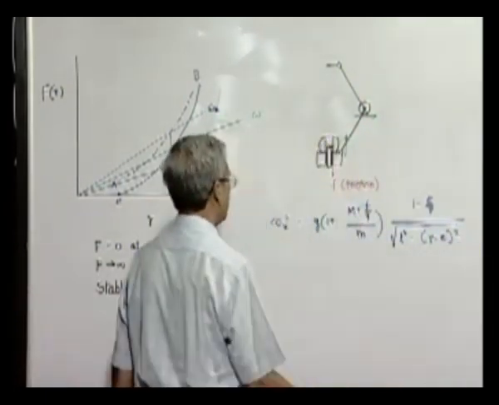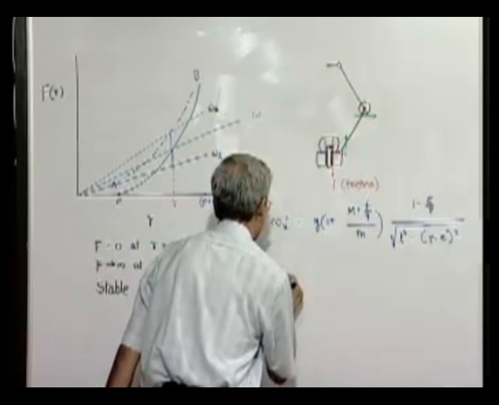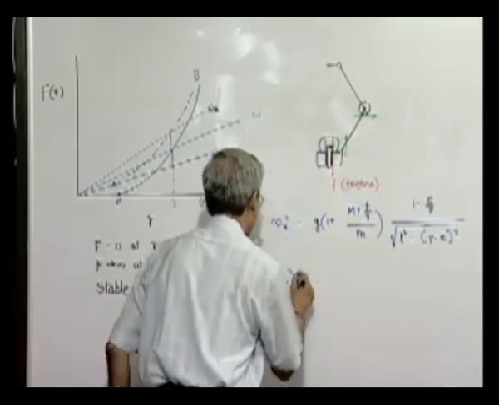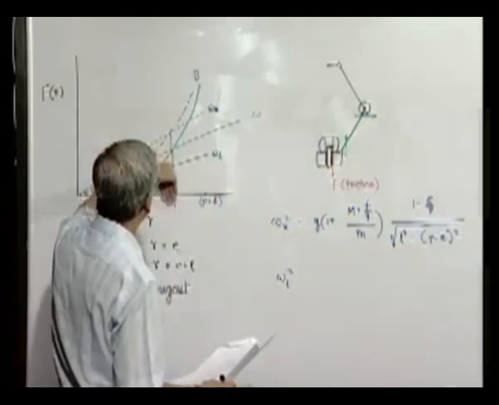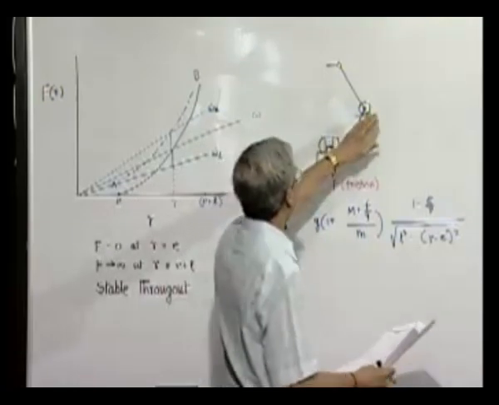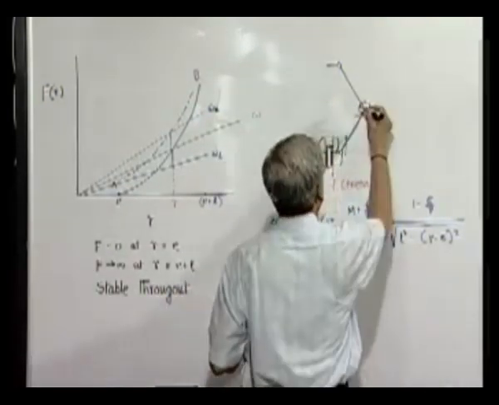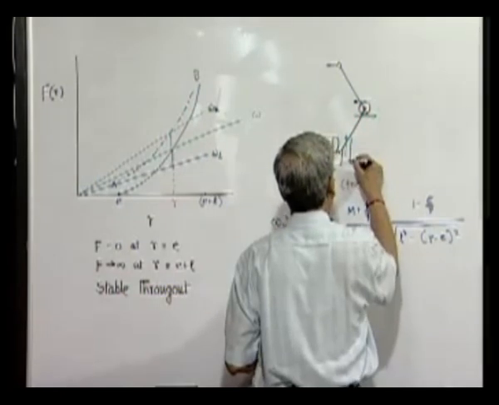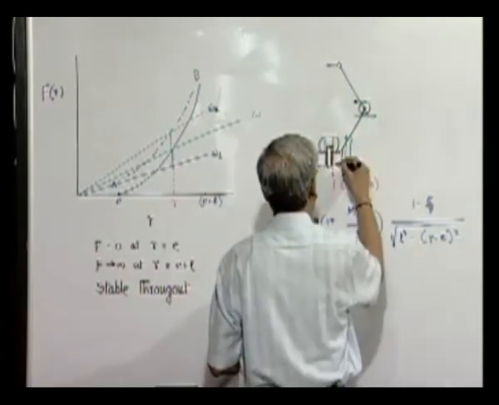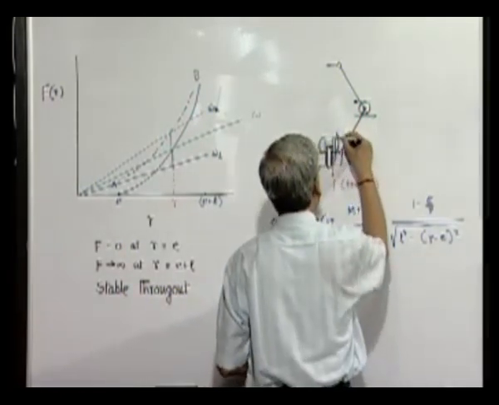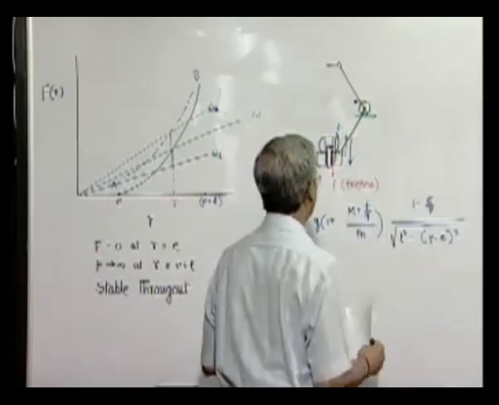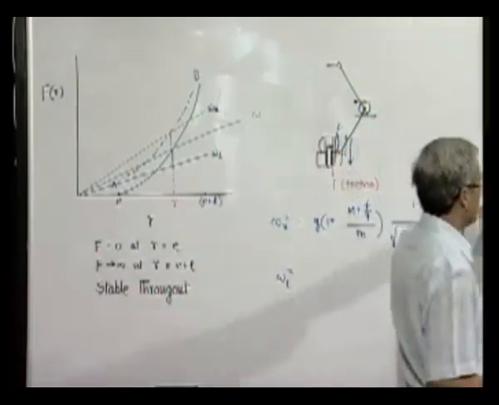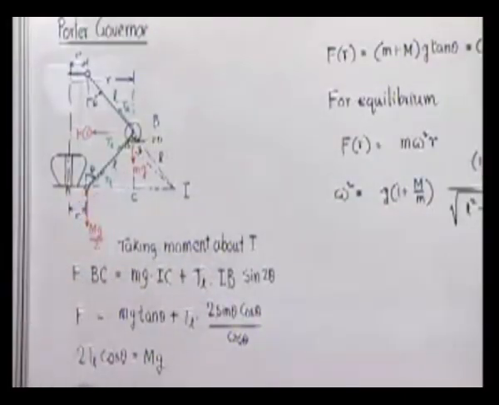will be this, and when we try to find out the lower speed limit, that means the speed is decreasing in this direction. When speed is decreasing, this tends to move in this direction, and obviously then the sleeve wants to go in this direction, and obviously the friction force acts in this direction. That is, now it opposes the weight, so it will be mg minus f.